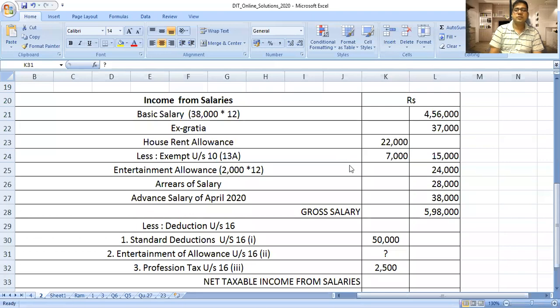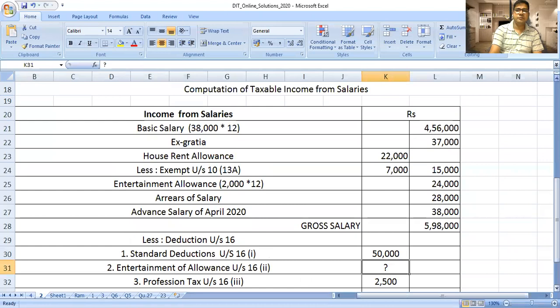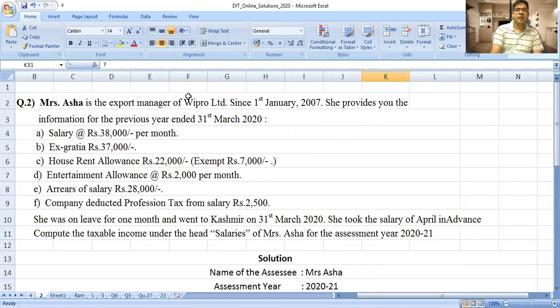Now, friends, one thing you have to keep in mind: entertainment allowance deduction is applicable only to government employees. It is not applicable to non-government employees. In this problem, Mrs. Asha is working in Wipro Limited, which is a non-government organization.